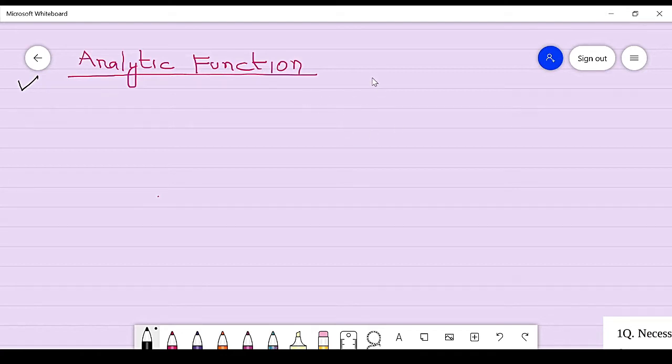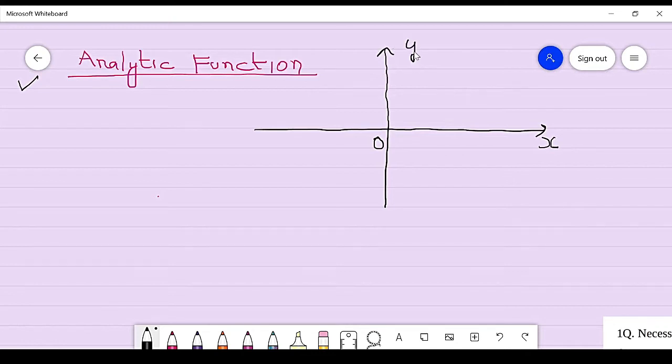For example, if this is a two-dimensional Cartesian space, this is the origin, this is the x-axis and this is the y-axis. Any point z in this plane is a complex number. It has two coordinates, one is x, the second is y.